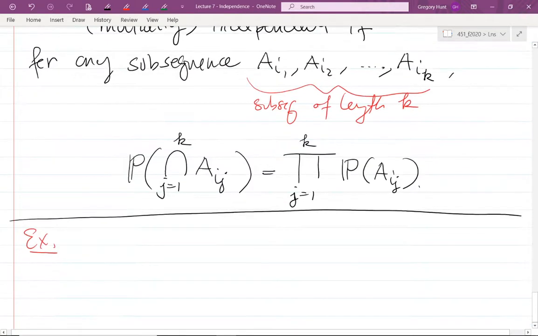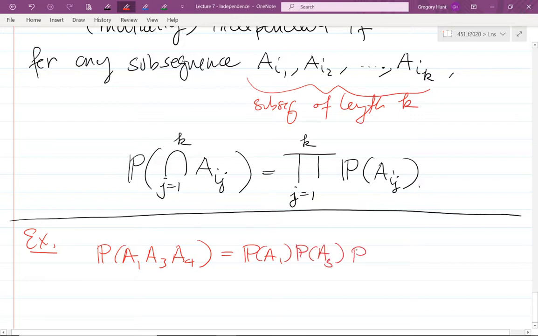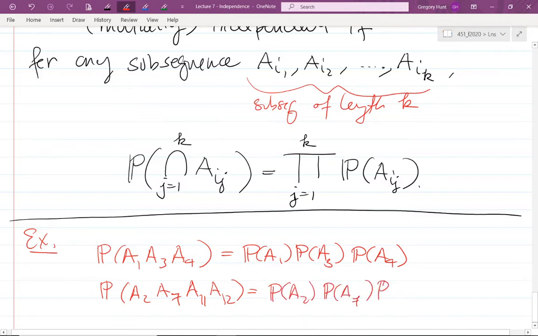So for example, I would have to check that the probability of A1 intersect A3 intersect A4 is probability of A1 times probability of A3 times probability of A4. But I would also have to check that probability of A2 intersect A7, intersect A11, intersect A12 also follows this multiplicative rule, that I can write this as the product like this.